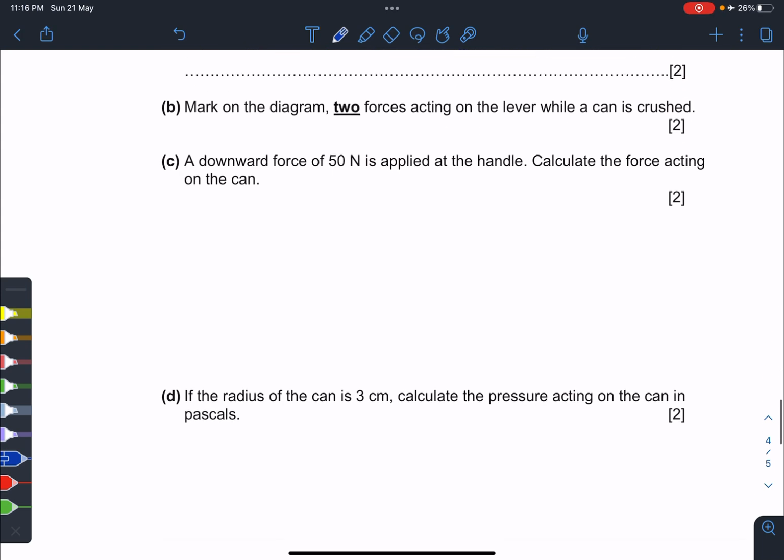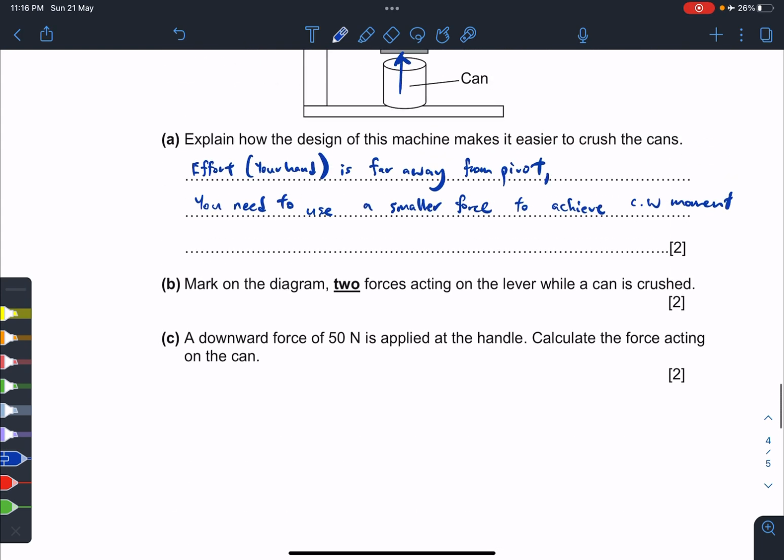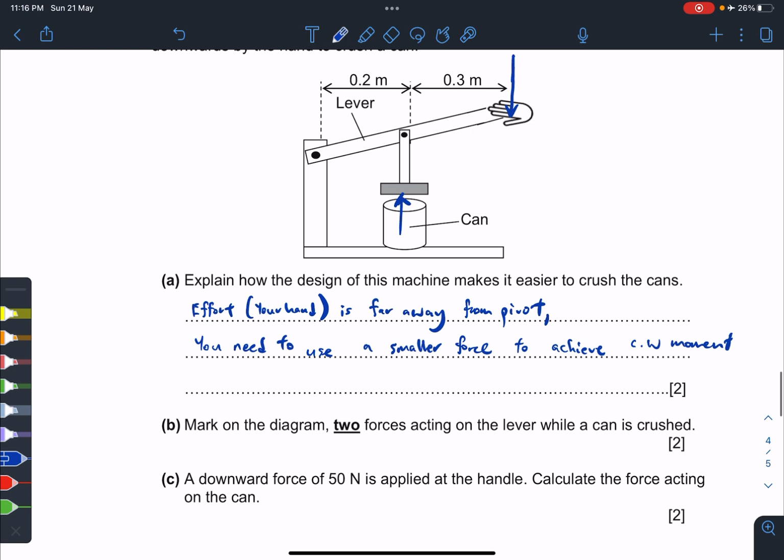Okay, next calculation. Don't panic, let's take a look. Color code, color code. Downward force of 50 Newton. Isn't this your downward force? So this is your 50 Newton at the handle. Calculate the force. So it's just a straightforward force.